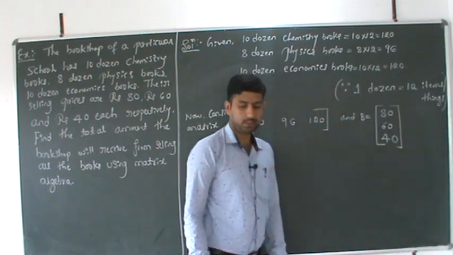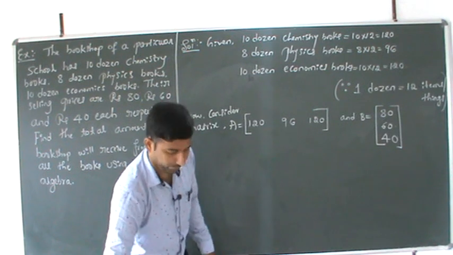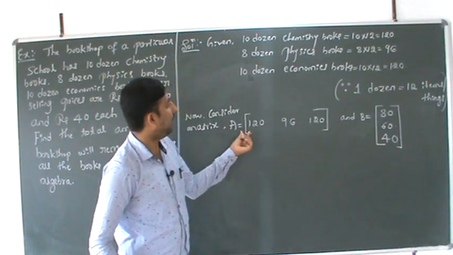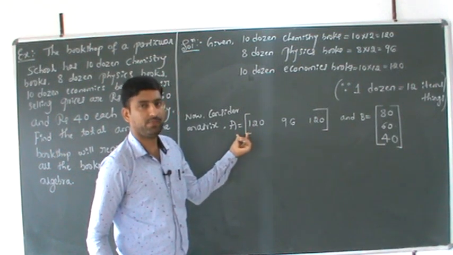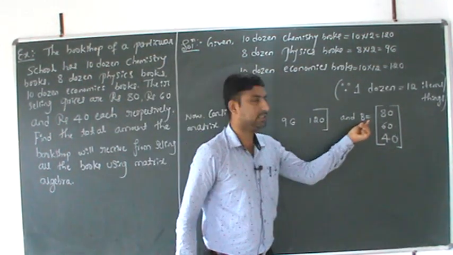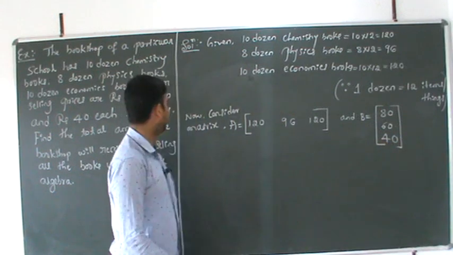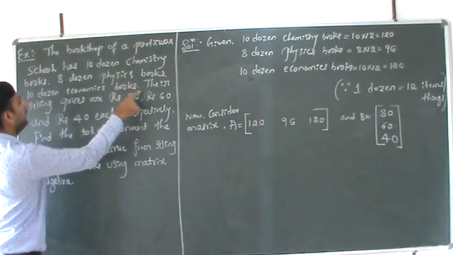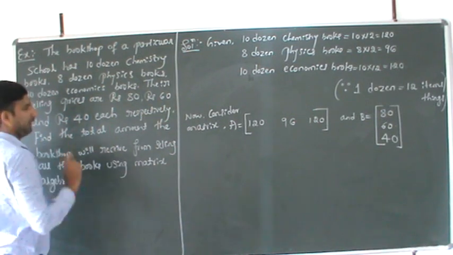Matrix B. Correct? What is our job? Our job is to find total selling prices. The books value we have written in matrix capital A, it is 120, 96, 120, and matrix B means nothing but the book prices 80, 60, 40. Correct? What are they given? Their selling prices are rupees 80, rupees 60, rupees 40.